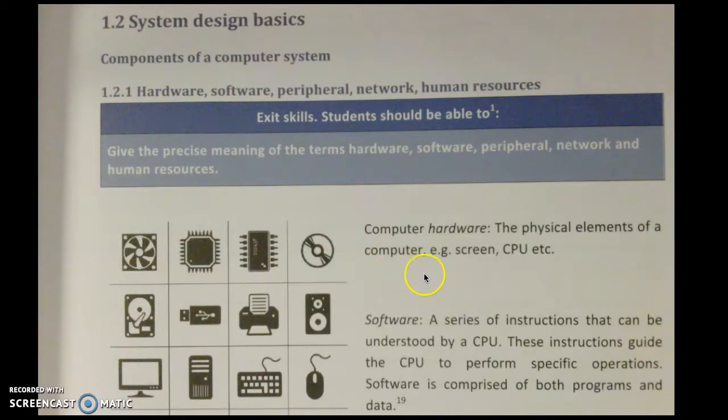Okay, so the first term, computer hardware. You could think of it as literally being something hard, something that you can touch with your hands. So computer hardware refers to the physical elements of a computer. For example, the screen, the central processing unit, the tower if it's a desktop, the laptop case if it's a laptop.